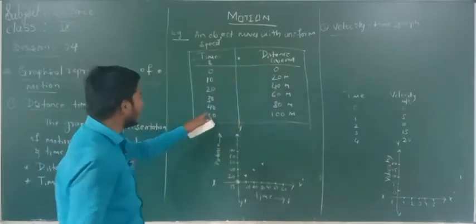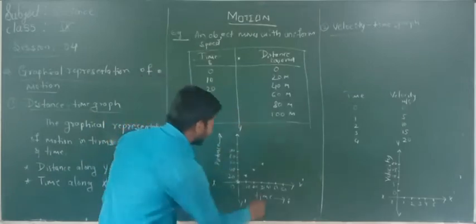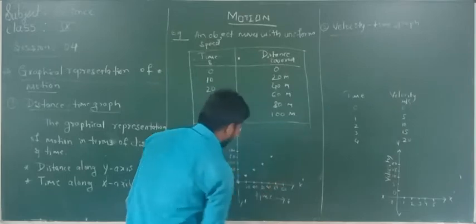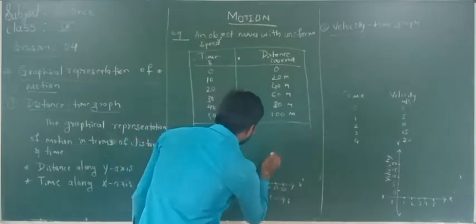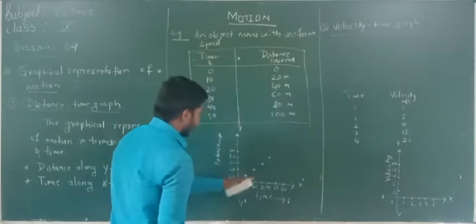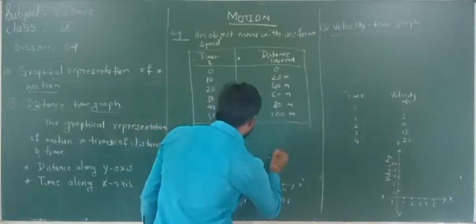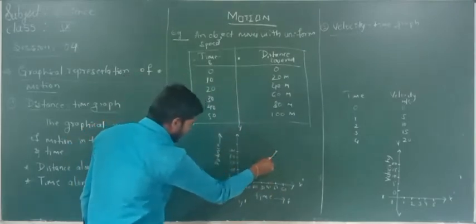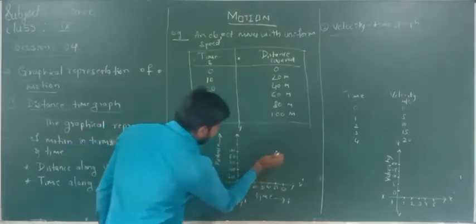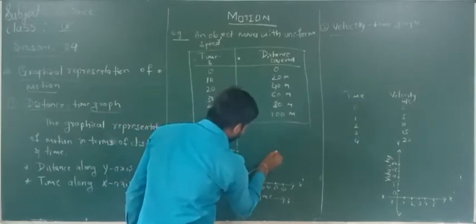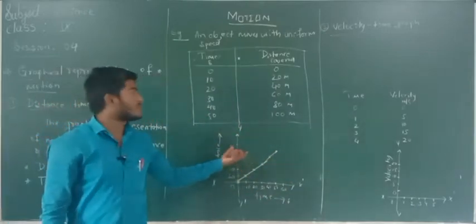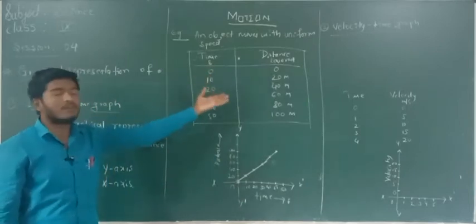Finally, at 40 seconds it covers 80 meters, and at 50 seconds it covers 100 meters. Join all these points and we get a straight line. This is the graphical representation of the car according to the given data.